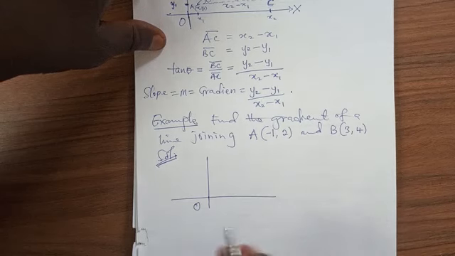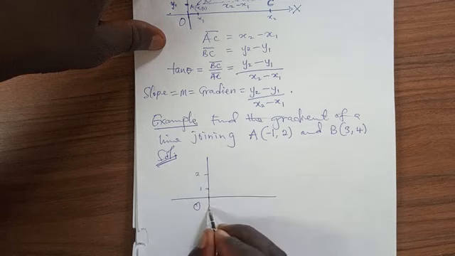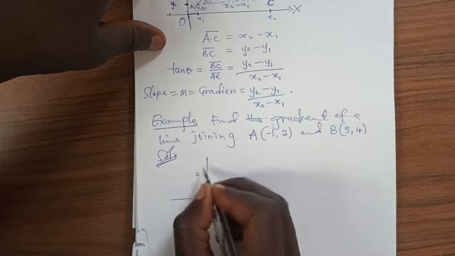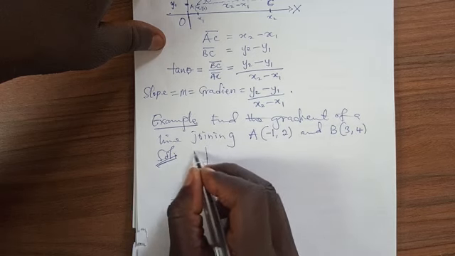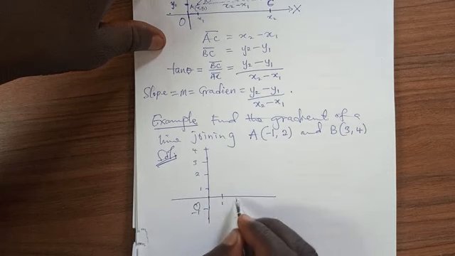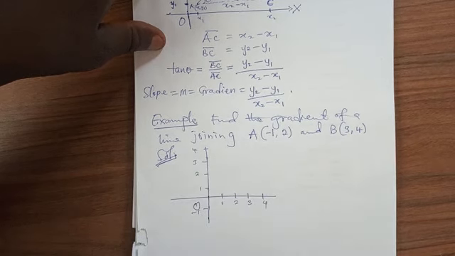So let's say the axes are marked 1, 2, -1, and then 3, 4. On the x-axis, 1, 2, and then 3, or maybe 4.